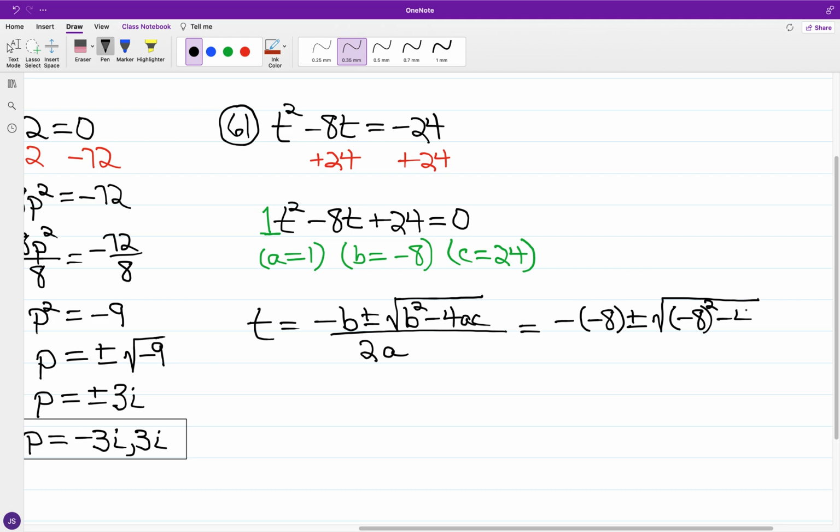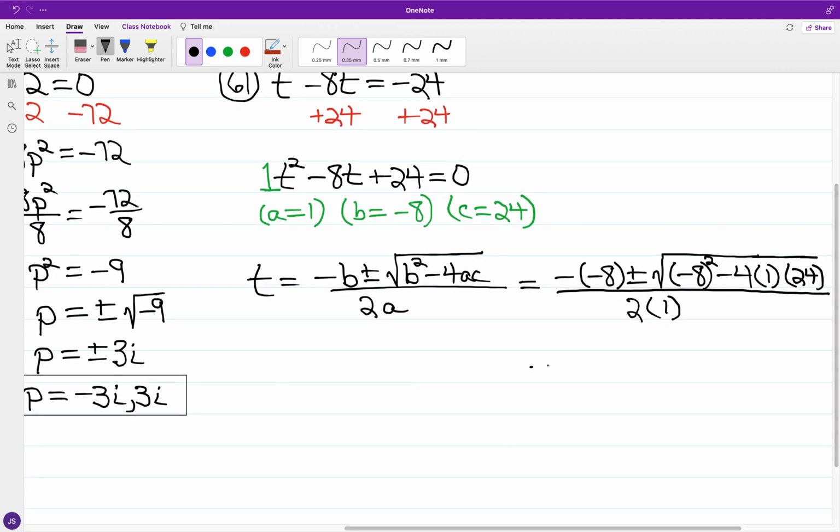And for minus 4ac, we have minus 4 times 1 times 24, all over 2 times a. So this will be 2 times 1. The only thing I've done is just replace a, b, and c with the numbers that they are set equal to.